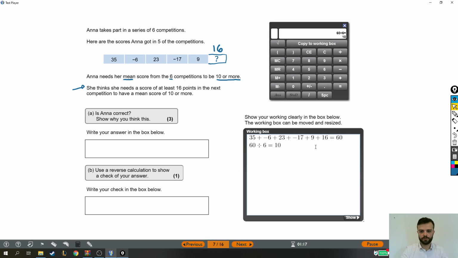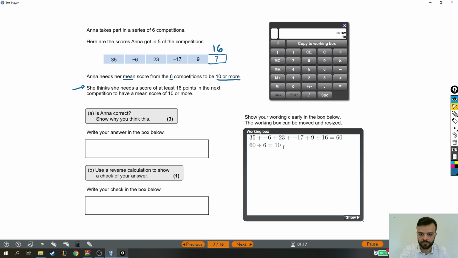So let's just run through what we've worked out and see if we've got enough information to solve the question. Anna thought she needed a score of at least 16 points. We worked out that if she gets exactly 16 points in the last competition, then her mean is 10 or more.